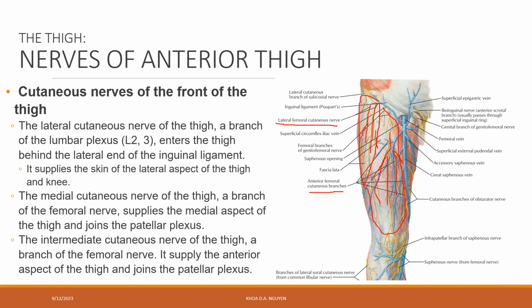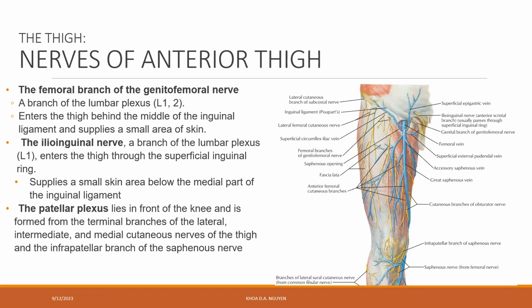Now, even though the medial cutaneous nerve of the thigh only supplies the more superior portion of the medial thigh, the more inferior portion of the medial thigh is actually going to be supplied by these cutaneous branches of the obturator nerve. Okay, so there are territories right here, and you need to know that there are some nerves that go in here and create these innervation territories.